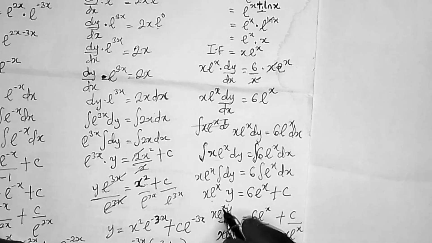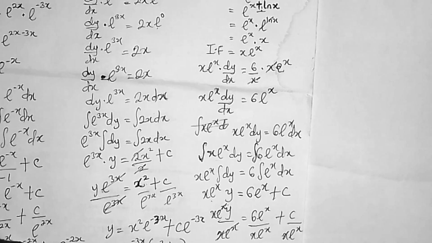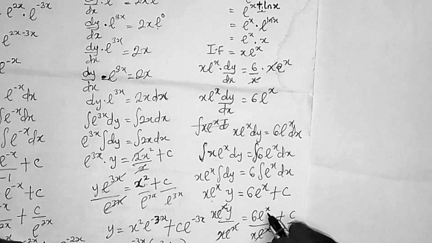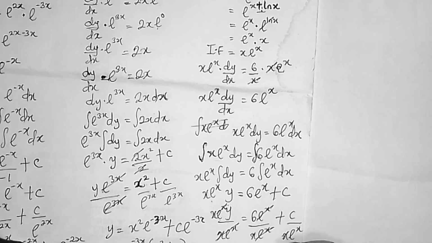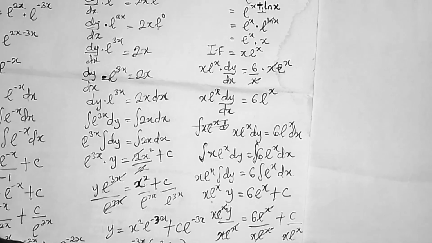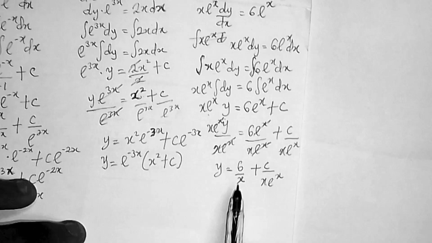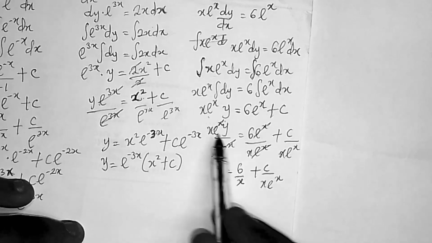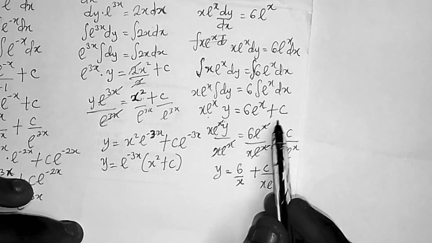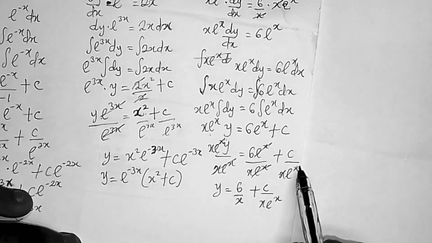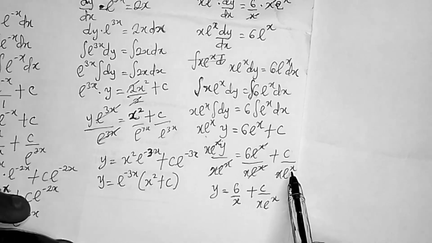So cancel this, you are going to have y equal to 6 over x plus c over x exponential x. Are you seeing that now? If you divide through by x exponential x, x cancels this, then this cancels this. So this is 6 over x, and then c over x exponential x.